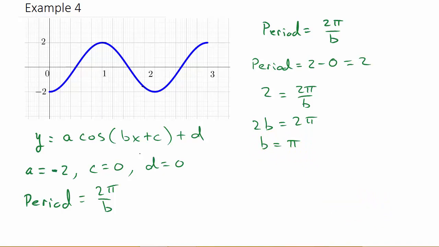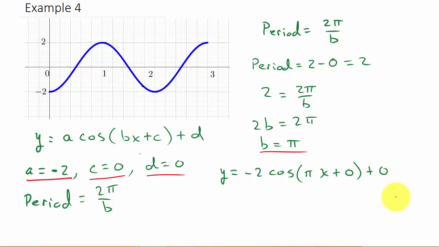All right, so now you can see we've got a, c, d, and b, and that's what we had to find. So y is equal to a, which is negative 2, cosine of b times x plus c, plus d.